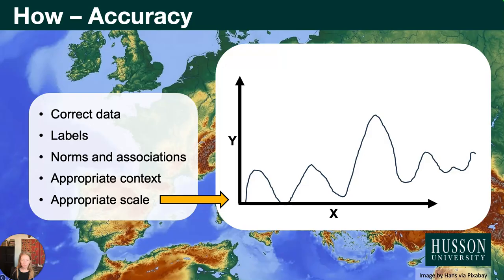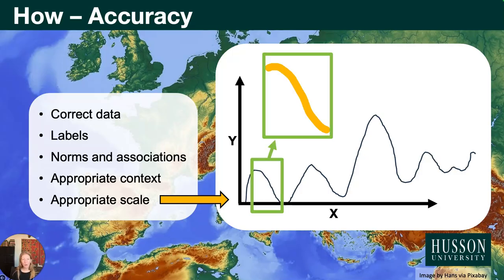So for example, if you see a graph like this, that gives an indication of this kind of up and down movement along the y-axis. However, if you were to zoom in on that and only be presented with this portion of the graph, then that might imply a decline.